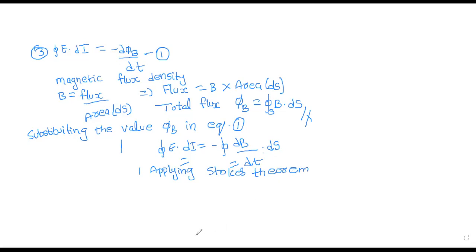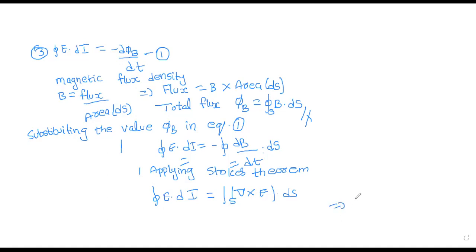As you apply Stokes theorem, the integration of E into dl, the line integration, can also be written as the surface integration of del cross E into dS. And the minus dou B by dou t term is on the other side in the surface integration.